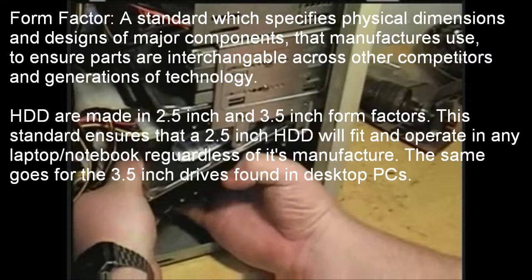Dealing with computers, you're going to hear a lot about form factors. Everything from the power supply unit, the motherboard, the optical drives, the hard drives, the floppy drives, everything that deals with the computer has to follow some sort of form factor.